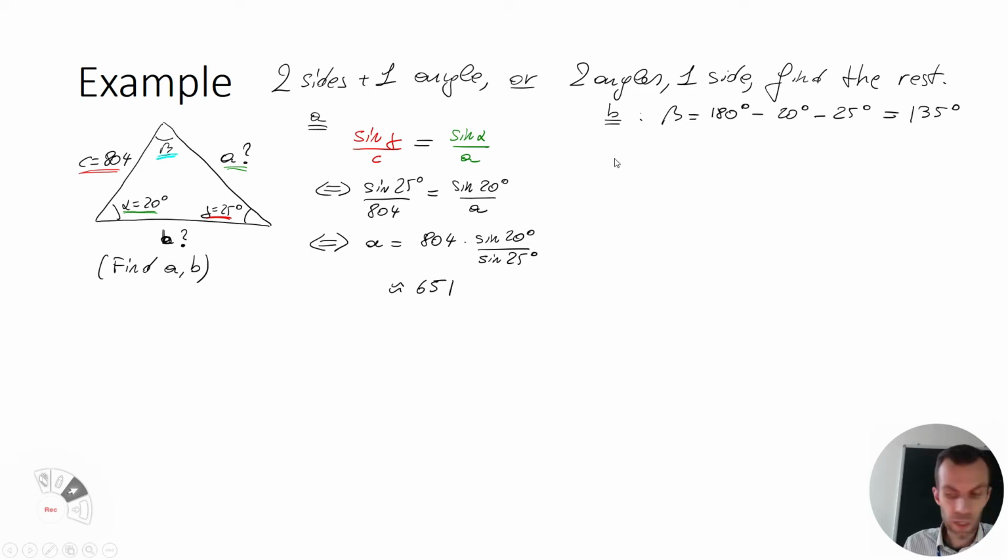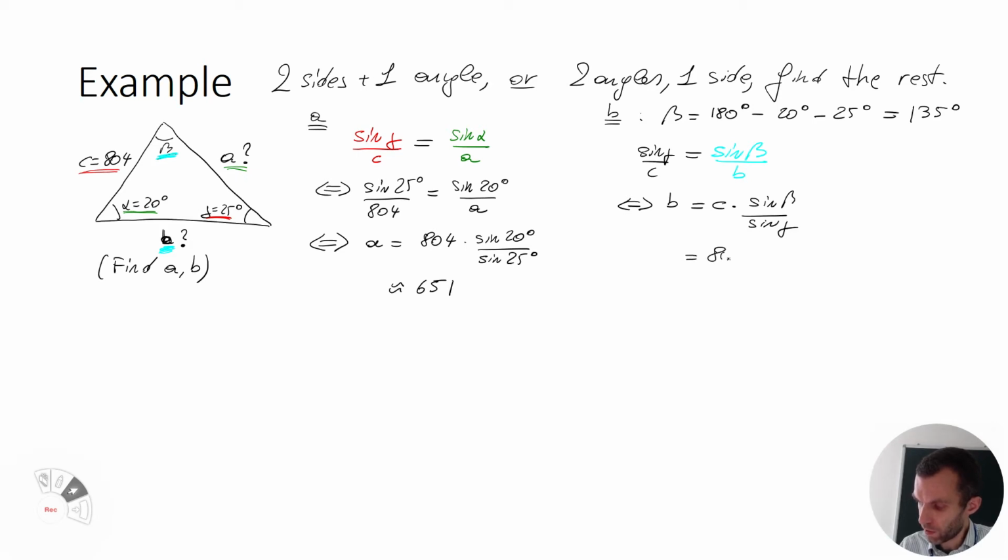Now we can take the formula again. Let's take sine gamma divided by c, and that's equal to sine beta divided by b. Let's plug in everything that we know. So b is equal to c times sine beta divided by sine gamma.